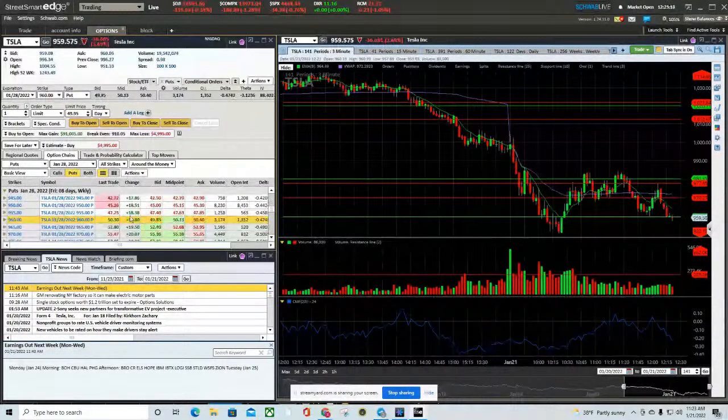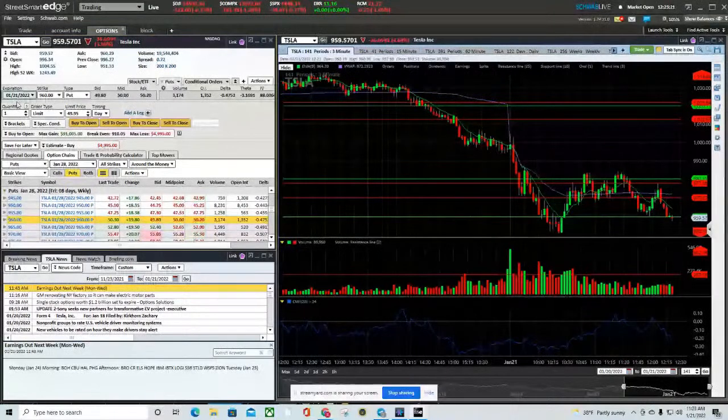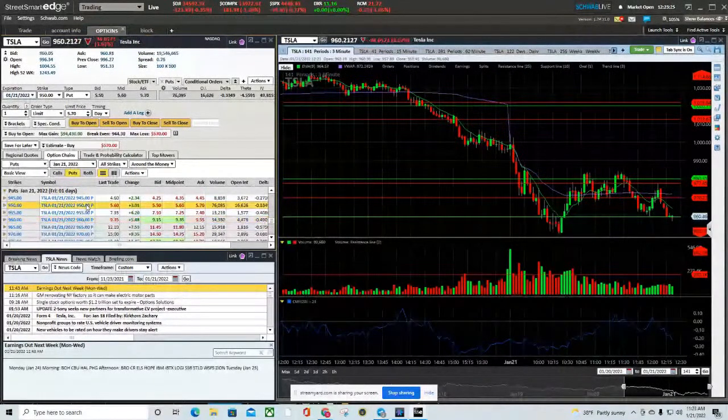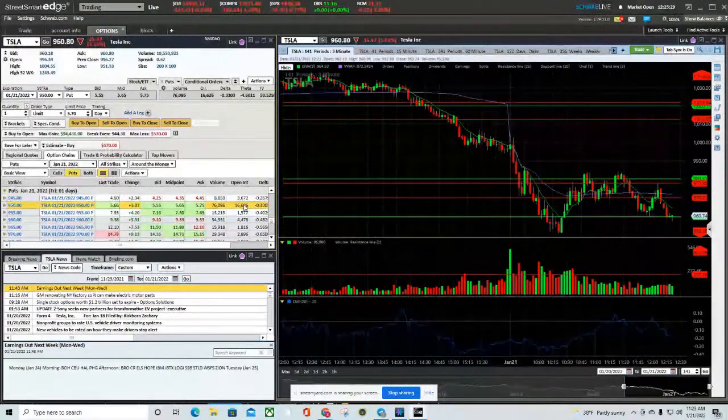If you went with same day expiration and you choose the 950, there's a lot of volume and a lot of open interest, and you can take that trade. It would cost you $5.70 per contract, which means it would cost you $570 to enter this trade if you just bought one contract.